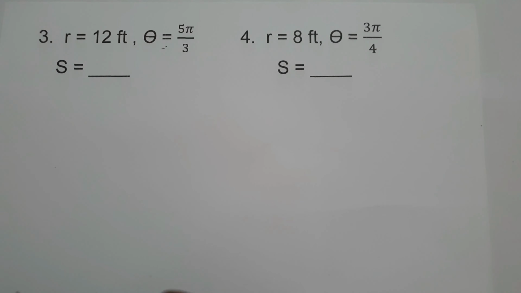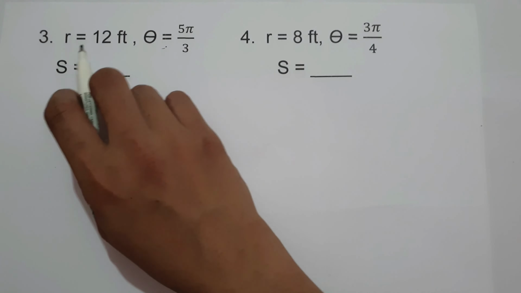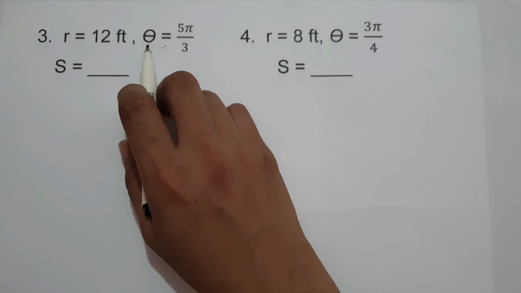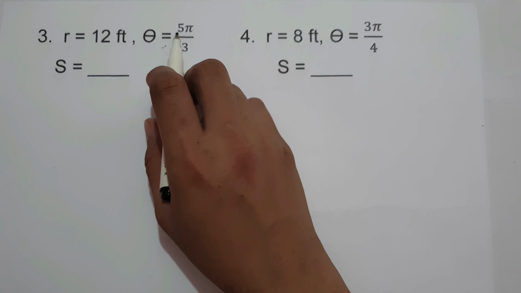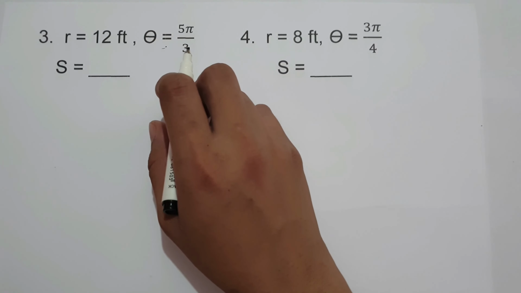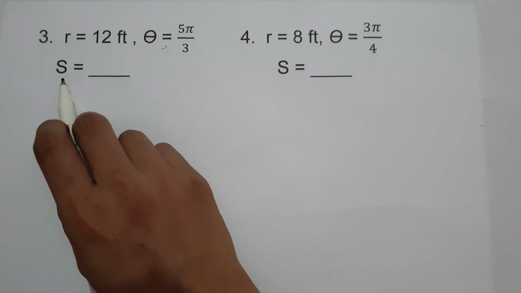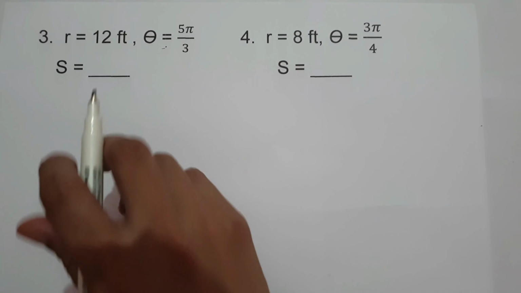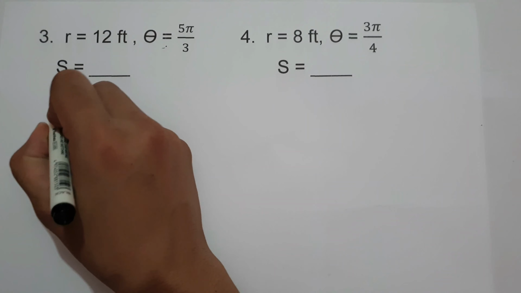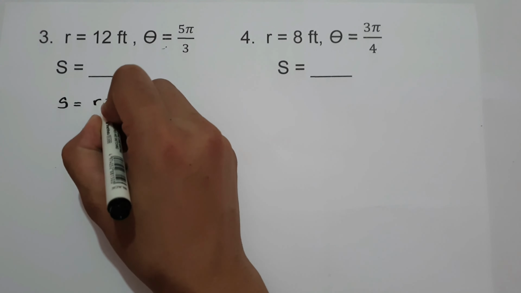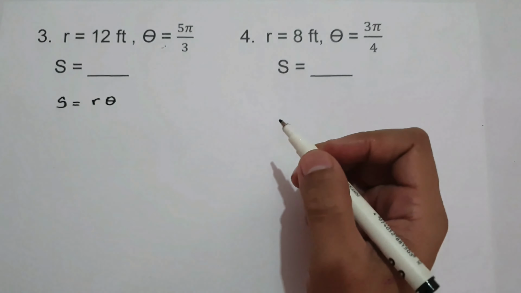In example number 3, the radius is 12 feet. Theta, or the central angle, is already written in radians, so that is 5 pi over 3. We are going to find the arc length using the formula S equals radius times central angle.